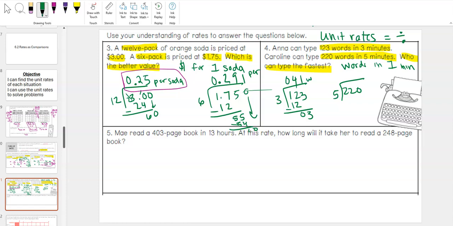That's 41 words per minute for Anna, and 44 words per minute for Caroline. Now, because I'm trying to figure out who's fastest, the more words per minute wins. So Caroline is the winner.